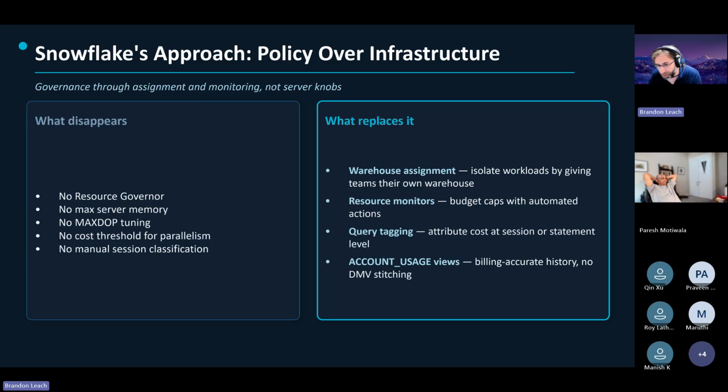So we could put a budget cap on a warehouse and say after this much spend, shut it off or notify someone. We tag queries, which allows us to attribute cost or anything else our heart desires. And because of this tagging and the isolation to individual warehouses, cost governance becomes trivial.